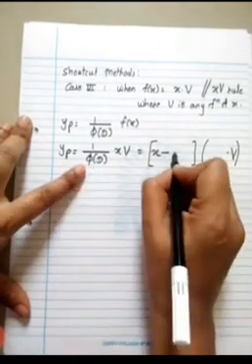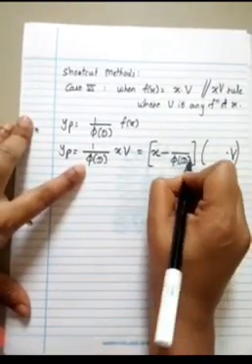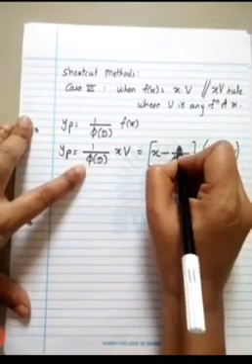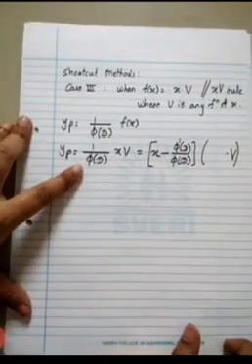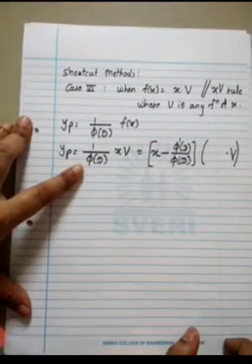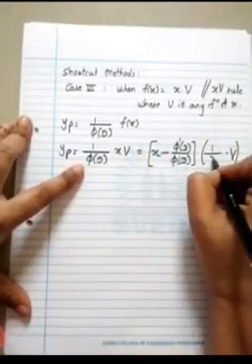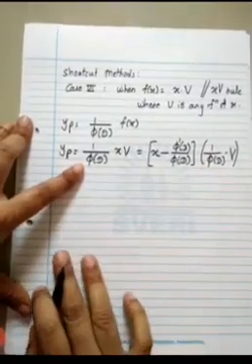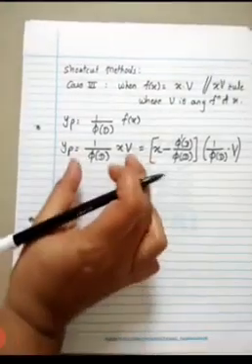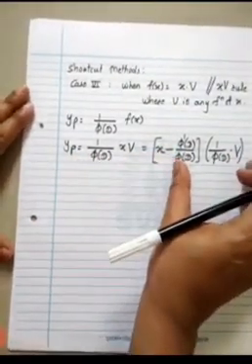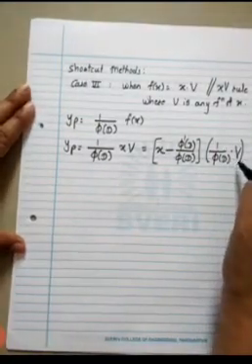So x minus phi d as it is, and its derivative we write in the numerator, that is phi dash of d. So this is your first bracket, x minus phi dash d upon phi d. And in the second bracket, whatever is 1 upon phi d, we write as it is. So 1 upon phi d into v is the second bracket, and this is the formula: x minus phi dash d upon phi d into 1 upon phi d into v.